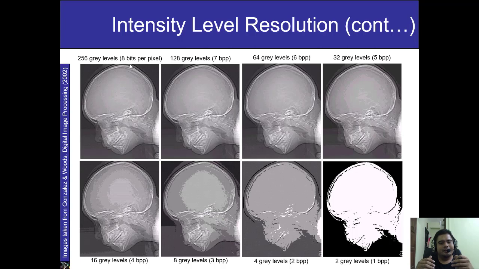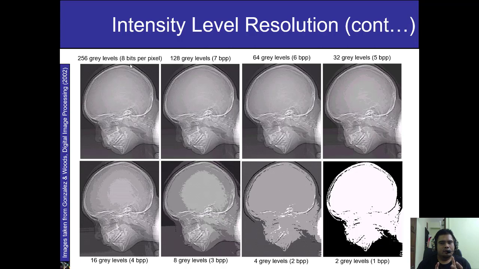However, the question is, why does a CT scan still use 16 bits per pixel for intensity level resolution? Based on my personal opinion, it might be because a CT scan is a kind of medical imaging.